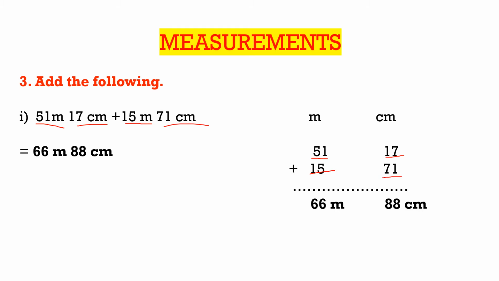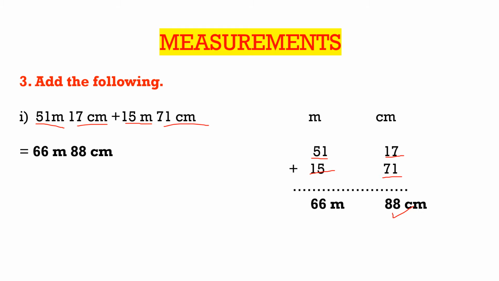Now we have to add the meters and centimeters. First we add the centimeters. 7 plus 1 is 8 and 1 plus 7 is 8. So we get 88 centimeters. Then we go to the meter column. Meters 51 plus 15: 1 plus 5 is 6 and 5 plus 1 is 6.